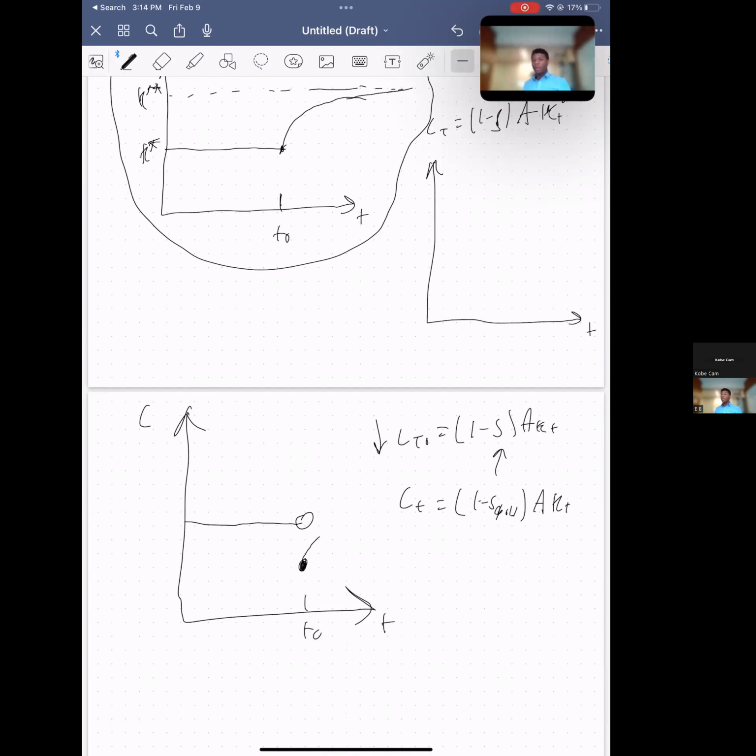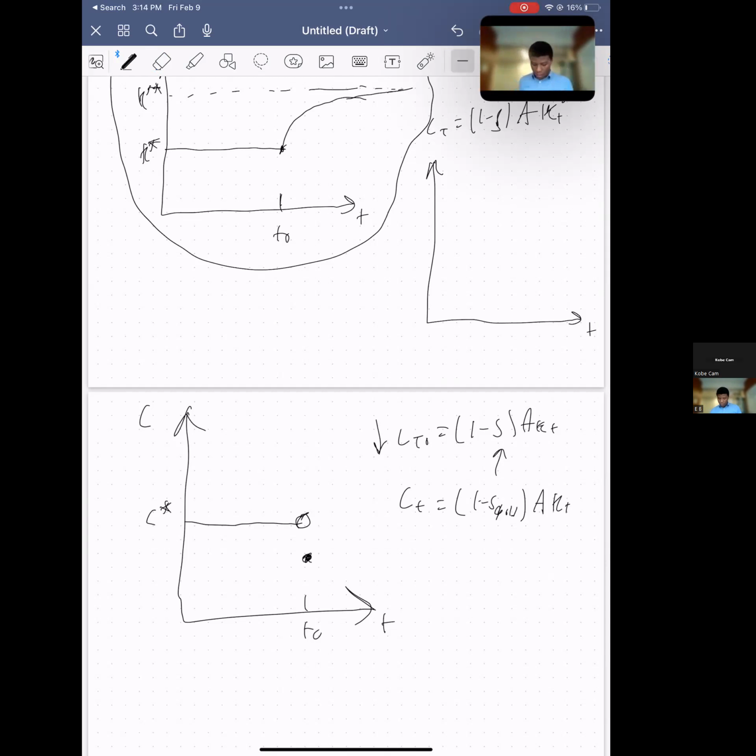The question is, how high should it increase? Should it increase higher than where we started, or lower than what we started? So should it increase just to here, or should it increase all the way above? Well, the answer is in the definition of S gold. We defined S gold as the value for S by which we maximize consumption in the future.